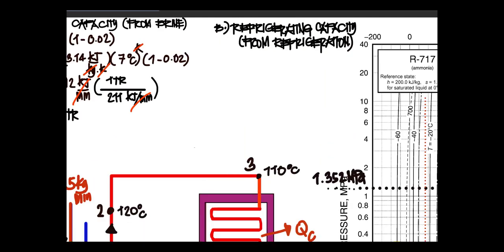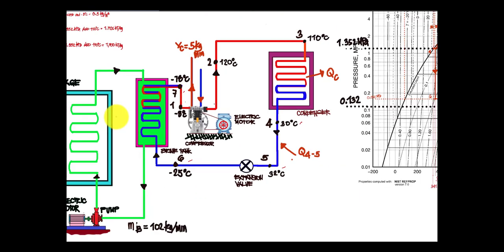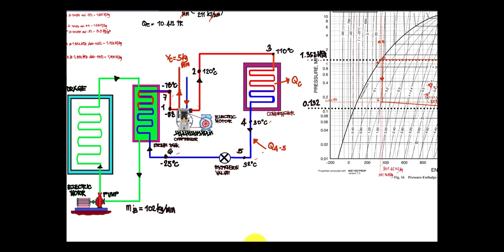So for the refrigerating capacity, we have QE, which represents the load in our evaporator. Looking at the load in our evaporator, the product load you need to cool down is the heat absorbed by the brine water, which absorbs heat from the storage room.